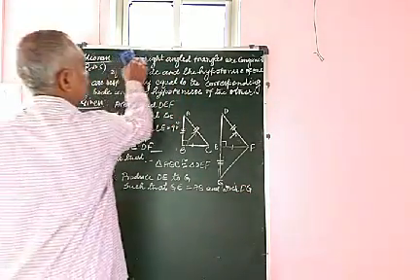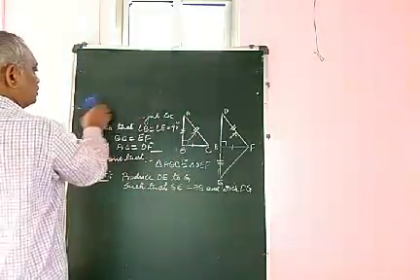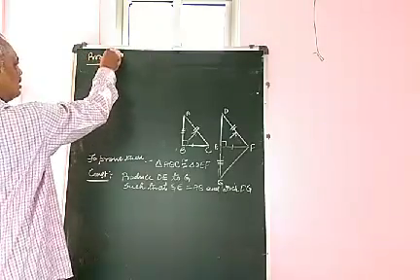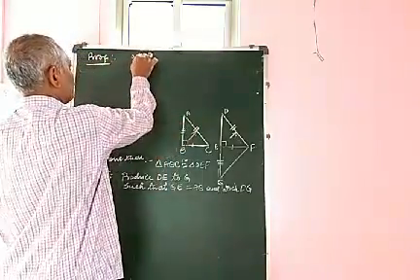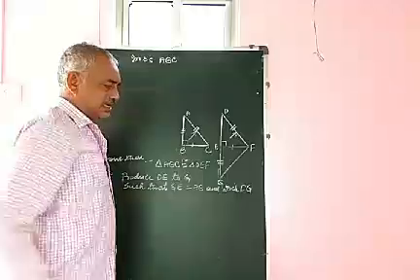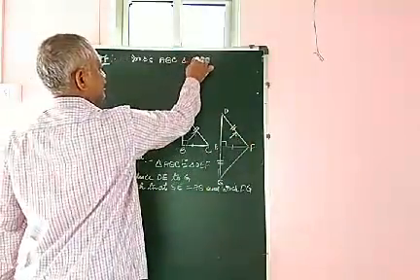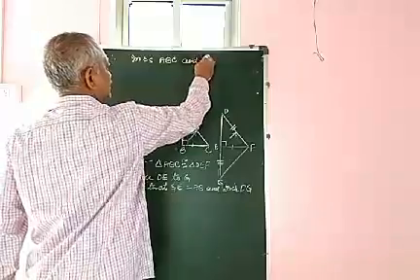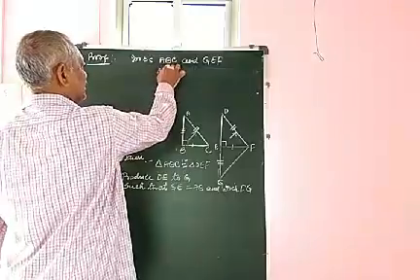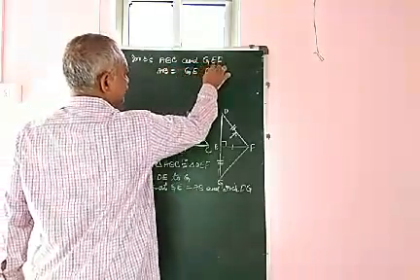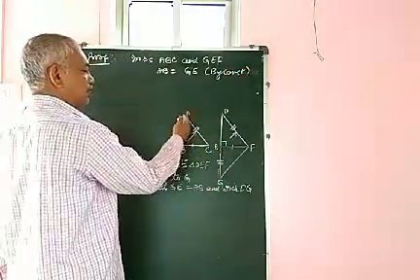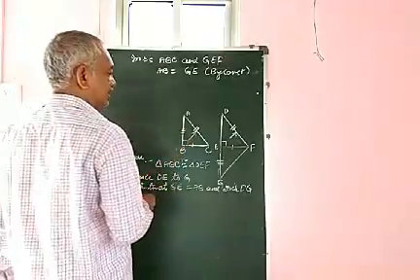Now, proof. In triangles ABC and GEF, AB is equal to GE, by construction we made them equal.